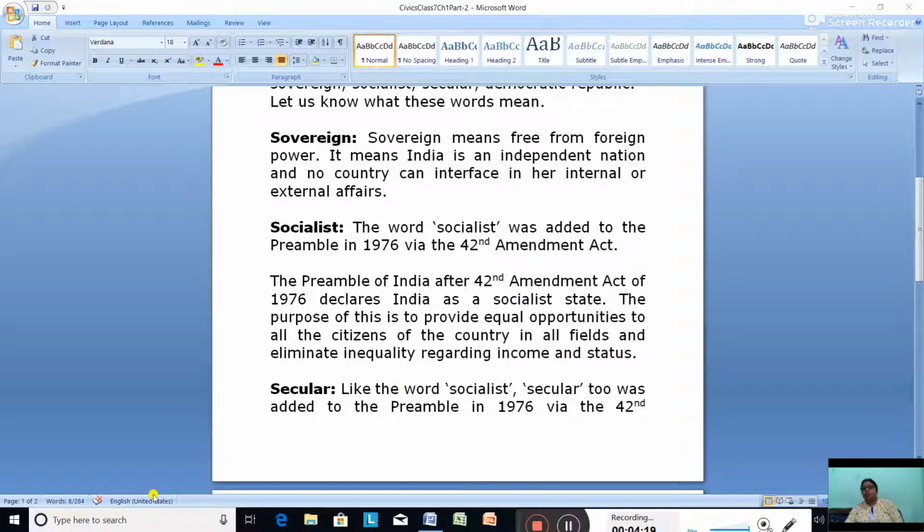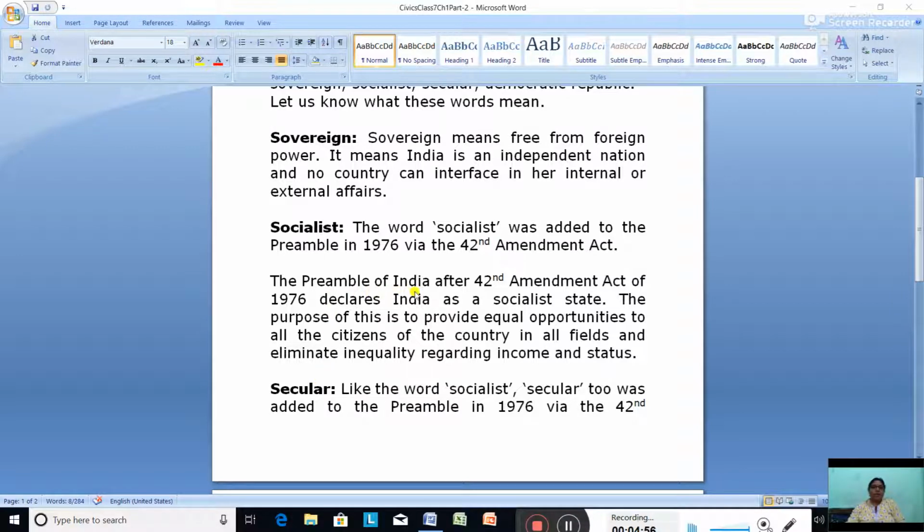So today the preamble defines India as a sovereign, socialist, secular, democratic and republic. Remember the two words added in 1976 via the 42nd Amendment Act: socialist and secular.